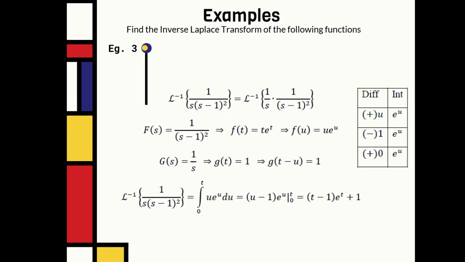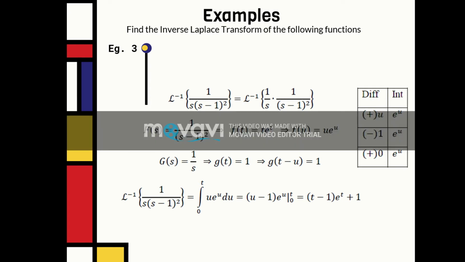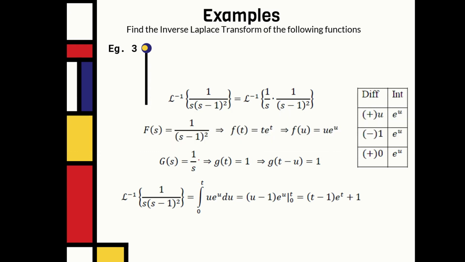Then the inverse Laplace of 1 over (s minus 1) squared, using the first shifting property, we get t e to the t. Then we replace t with u, and we get f(u) equals u e to the u. Here G(s) equals 1 on s, g(t) equals 1.